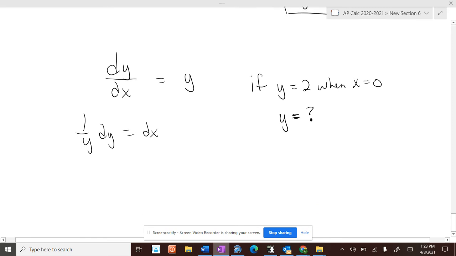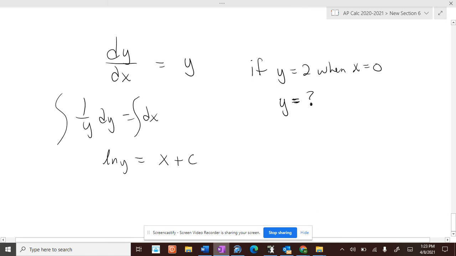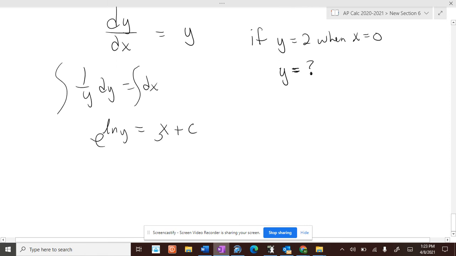Oh my, this is a CD, isn't it? Integrate. The ln of y equals x plus c. E both sides. So y equals e to the x, e to the c. So y equals c e to the x.